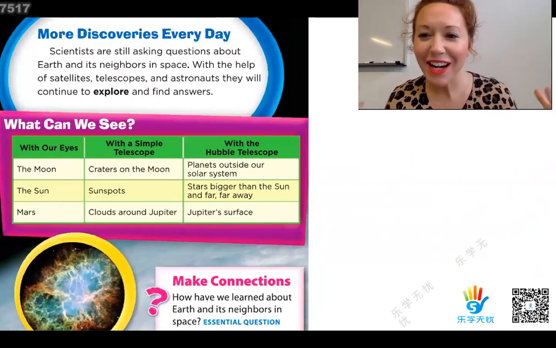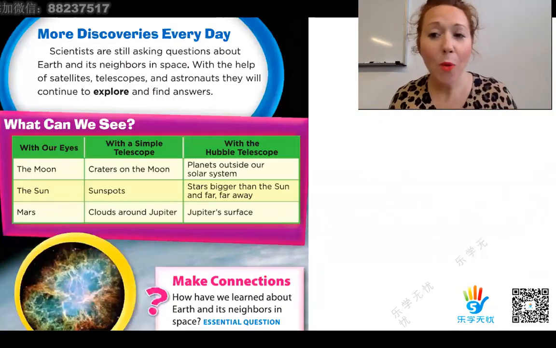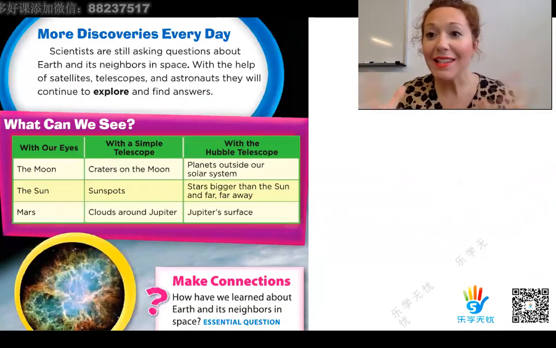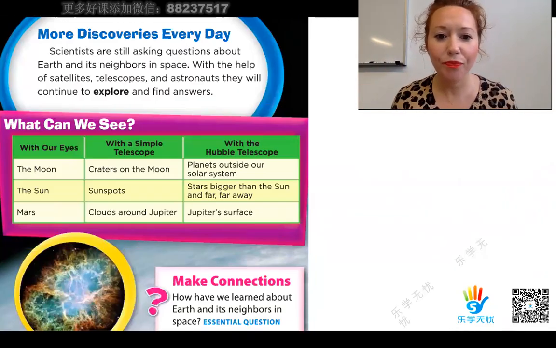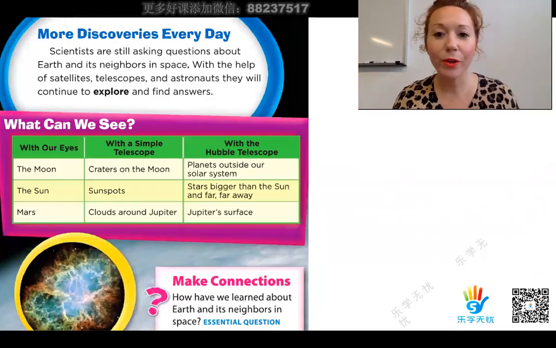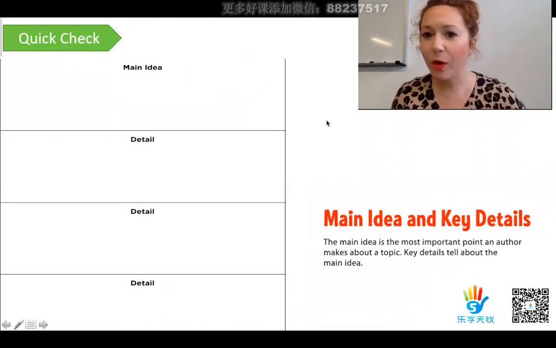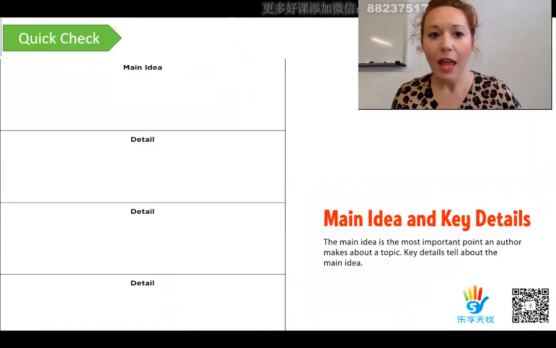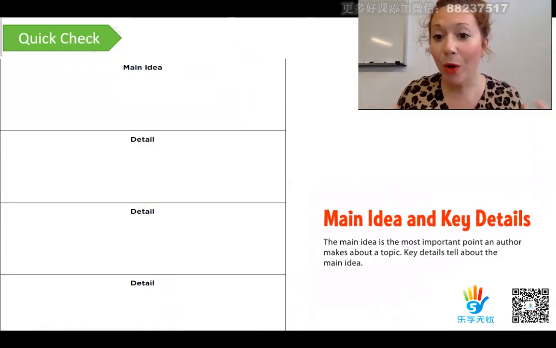Next, scientists created the Hubble telescope, which is the biggest telescope that they've ever made. And this helps scientists to study astronomy and the solar system. Perfect. See, that is a great summary of our story for today. Now, what we're going to do is we're going to work on the main idea, and let's think of some details that support this idea.